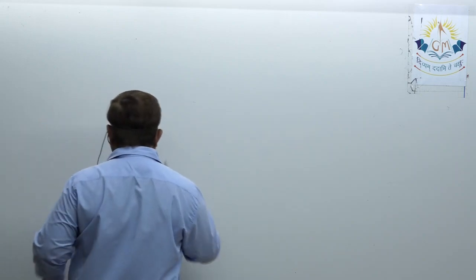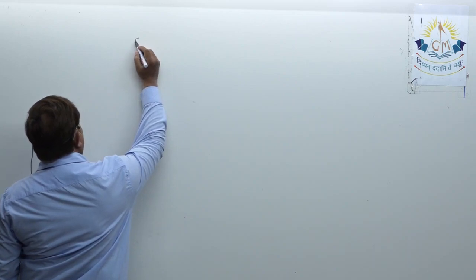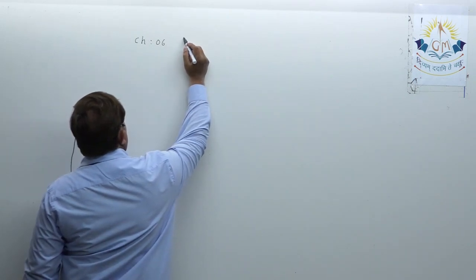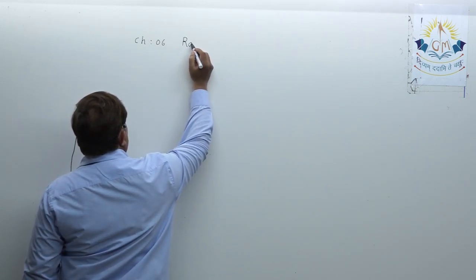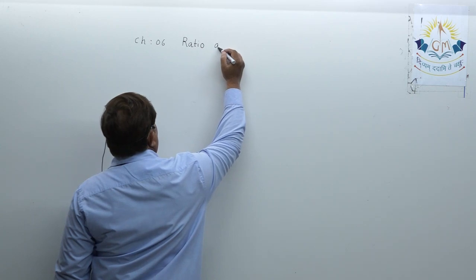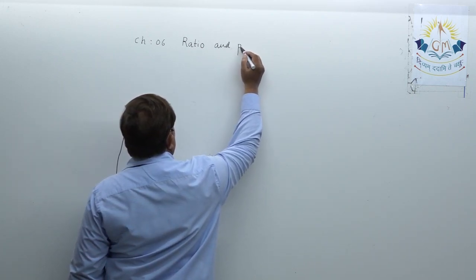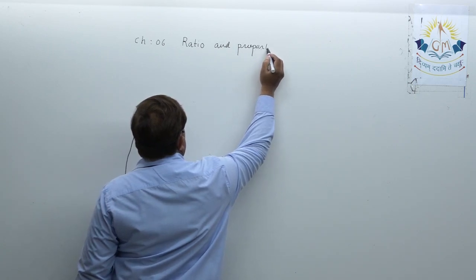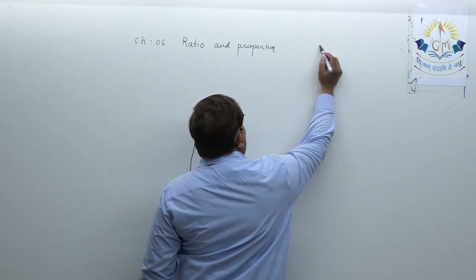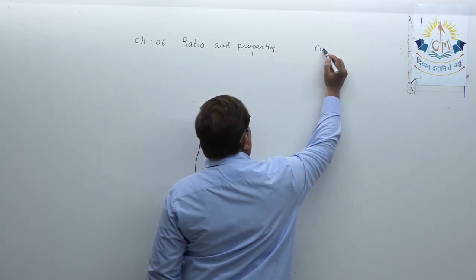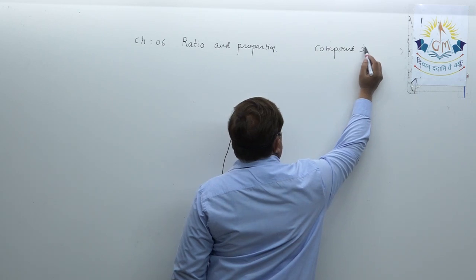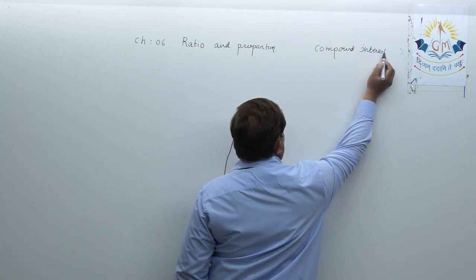Okay. So first, dear student, chapter number 6. Name of the chapter, ratio and proportion. And in this particular chapter, we are targeting the topic of compound interest, as you know.